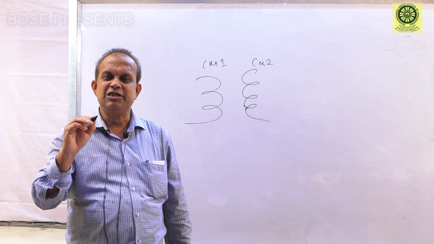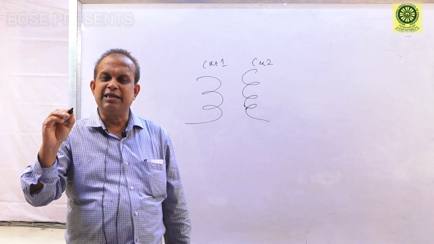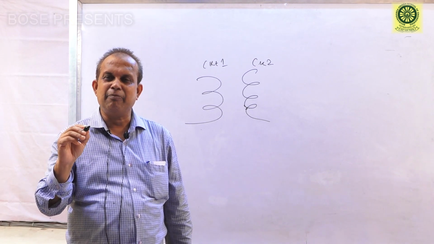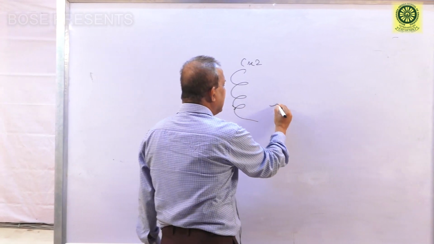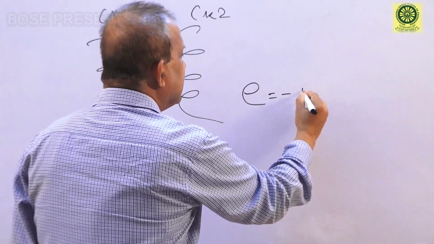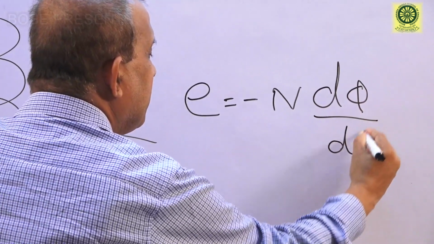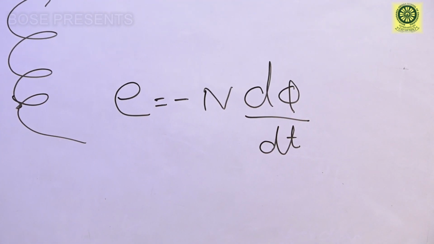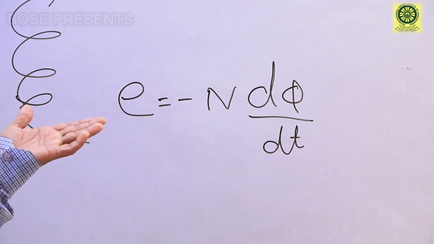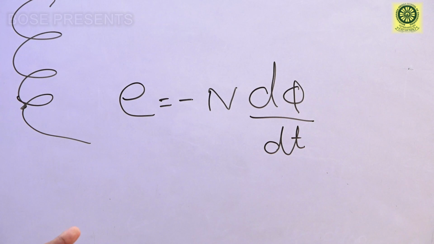The second law states that the magnitude of the induced EMF depends upon the rate of change of magnetic flux linkage. Mathematically, E is equal to minus N d phi by dt, where d phi by dt is the rate of change of magnetic flux, N is the number of turns, and the negative sign is because of Lenz's law.